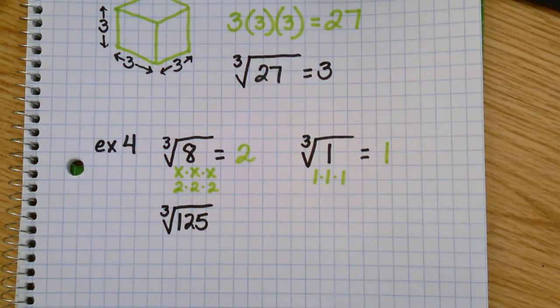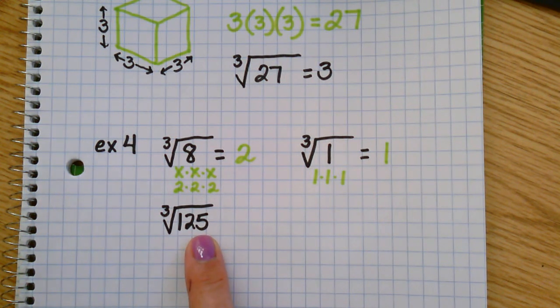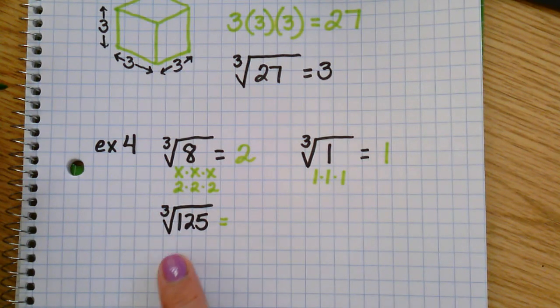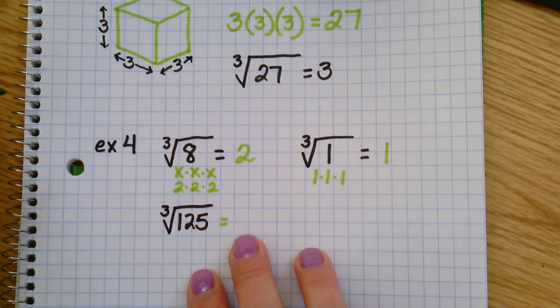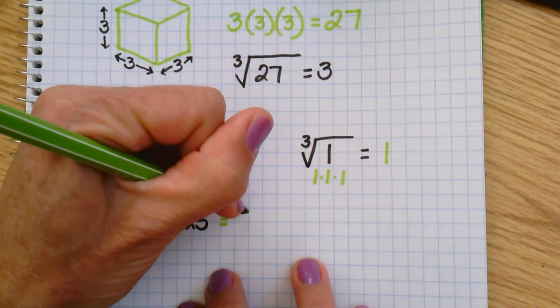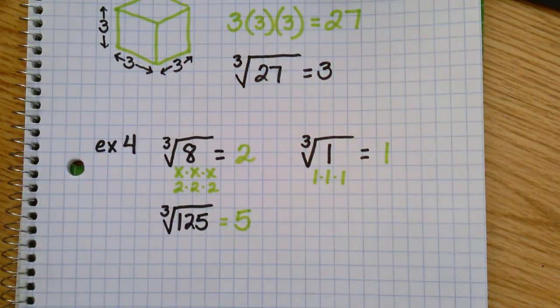What number times itself 3 times equals 125? It ends in a 5, so I know that that's a hint. It's got to be a multiple of 5, so let's just start with 5. 5 times 5 is 25. Times 5 again is 125, and there we have our answer. The cube root of 125 is 5.